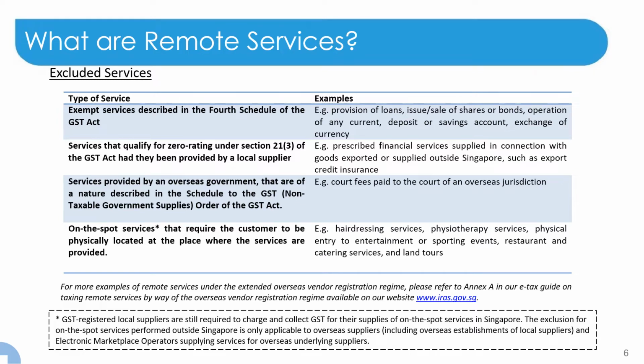They are exempt services that fall under the 4th Schedule of the GST Act, services that qualify for zero rating under Section 21(3) of the GST Act had they been provided by a local supplier, services provided by an overseas government that are of a nature described in the schedule to the GST Non-Taxable Government Supplies Order of the GST Act, and on-the-spot services that require the customer to be physically located at the place where the services are provided.